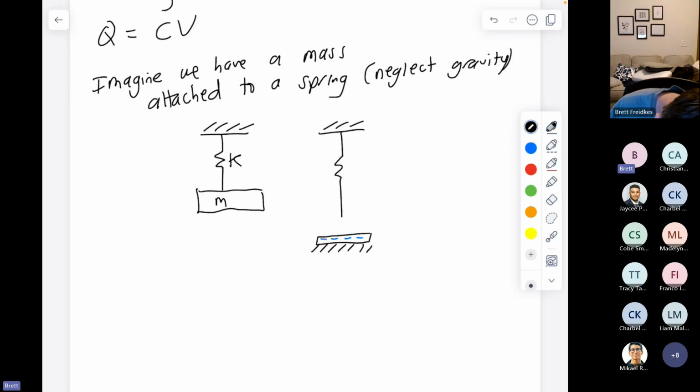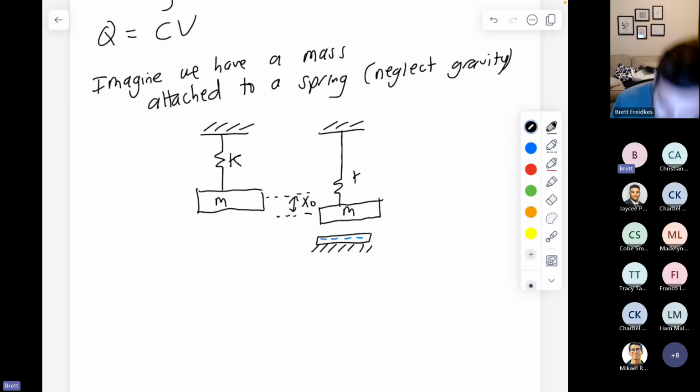And what we'll see is that perhaps the mass moves down a little bit by some amount x naught. Because if you think about, let's say, two capacitive plates, there is a force that exists between them. The charges are attracted to one another.